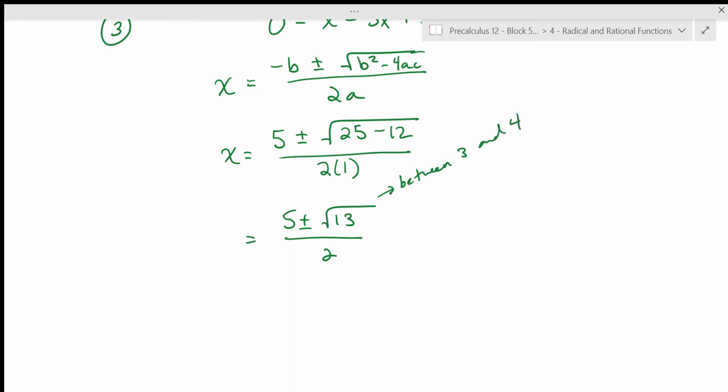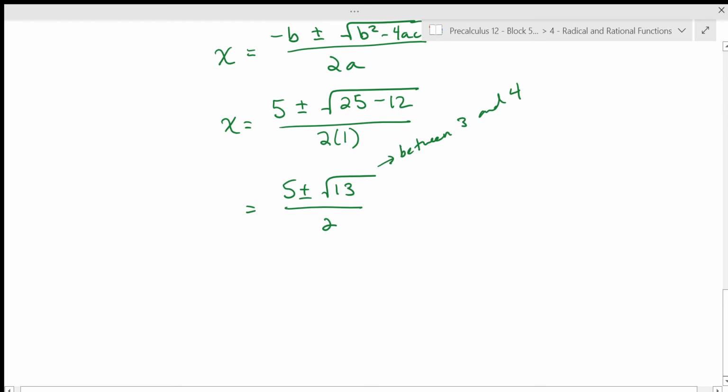Oh no, I don't have my calculator with me. So I need to be able to do a bit of estimation. So how am I going to figure out whether these solutions or any of these solutions are valid? Well, I'm going to go back to my original equation. So I have radical x plus 1 equals x minus 2.